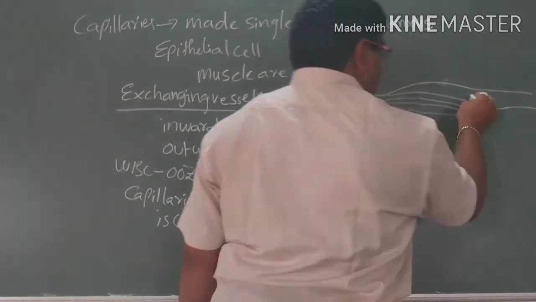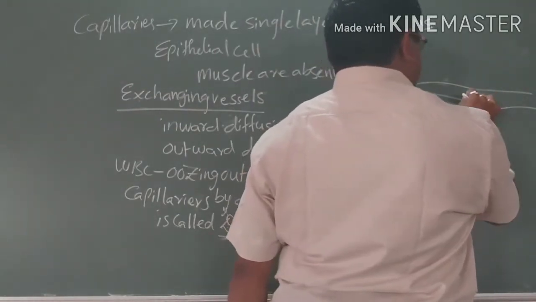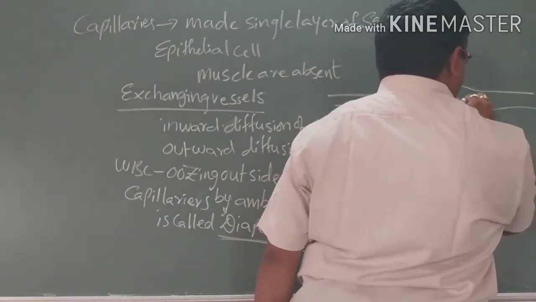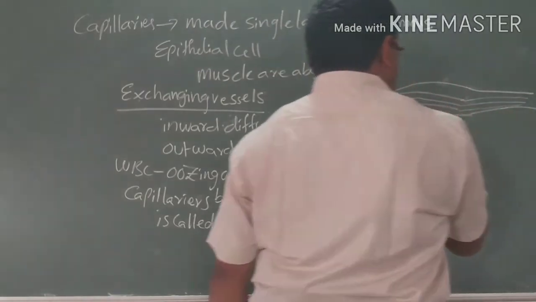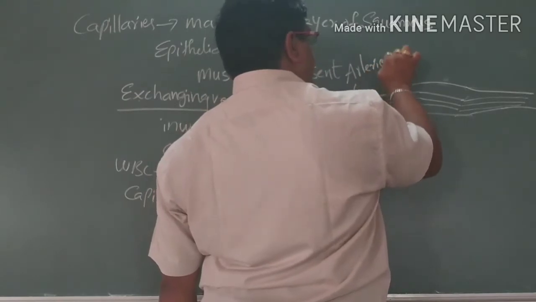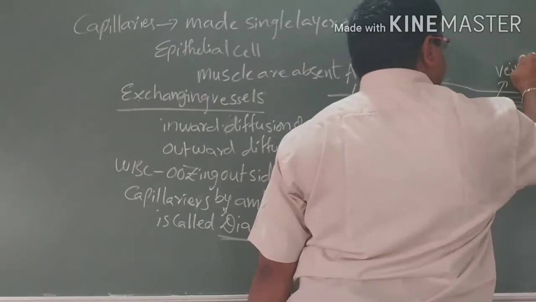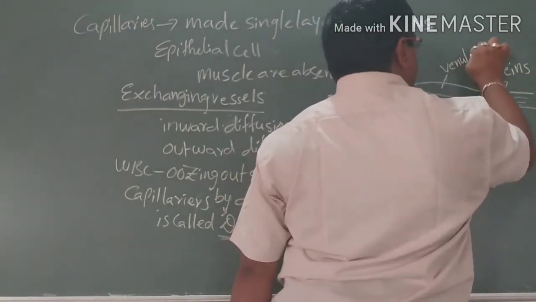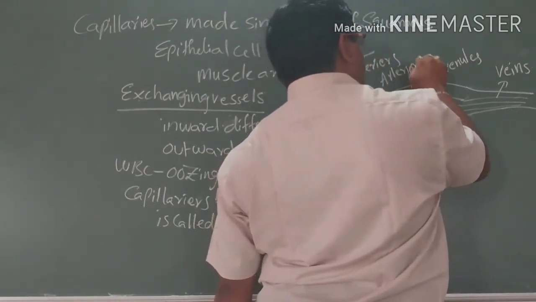These are called arteries, and these are called veins, and these are called venules, and these are called arterioles.